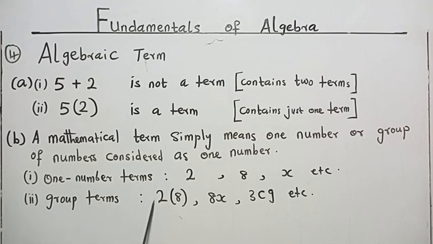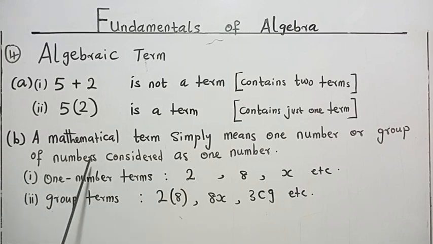This is just an example. Fine. Multiplication of terms does not in entirety define what we call a group term. So what then is a group term? Let us find out. The bottom line is this phrase: considered as one number.